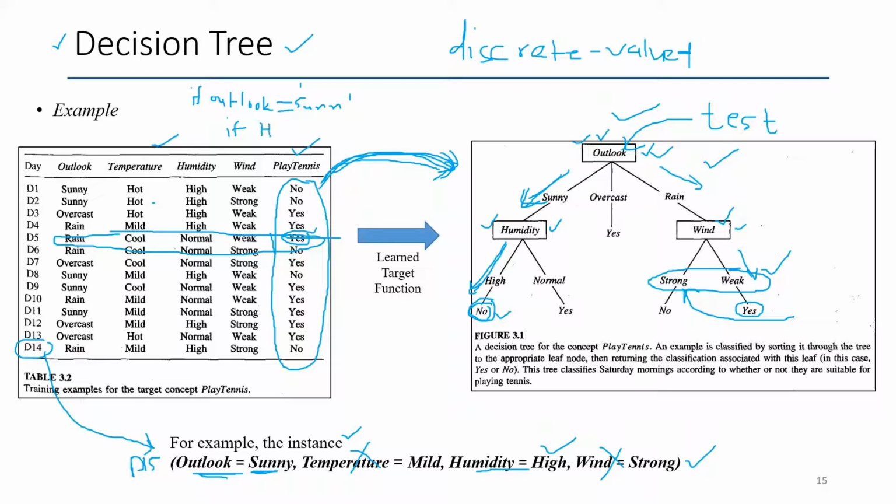If humidity equals high, then the result is no. Else if humidity is normal, then the result is yes. Then in the outer if, we will have the corresponding else if outlook is overcast, then the result is directly yes. So I can encode this decision tree in the form of multiple if else.